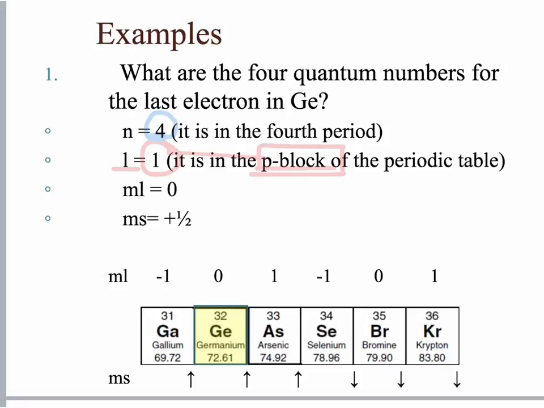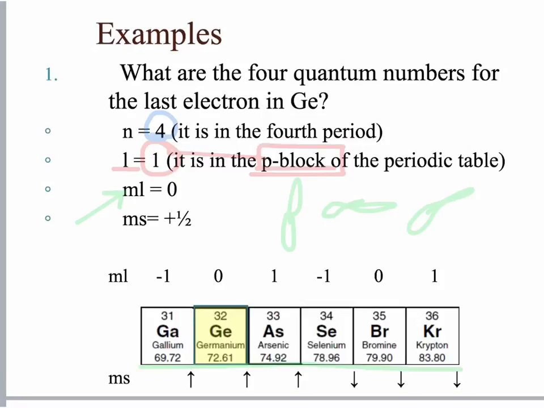Now I promise that this probably would be the most confusing quantum number right here, m sub L. If you look at the P block, you can see that there are 6 total electrons available in the P block. And remember, I told you that P can have 3 orientations. It can orient this way, it can orient this way, or it can kind of stick out of the screen.